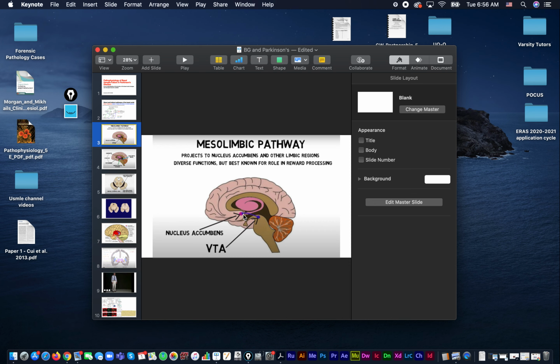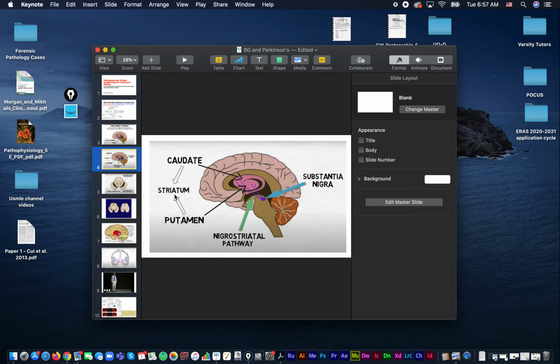This is more what we think causes addiction, and the nucleus accumbens sends nuclei to the lateral thalamus, and this is more known for reward processing. We typically associate dopamine with addiction, but really it's motivation, focus, movement, memorization.